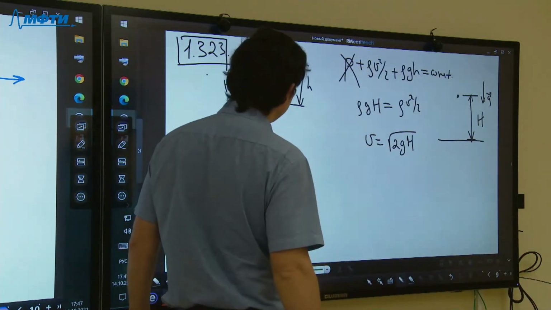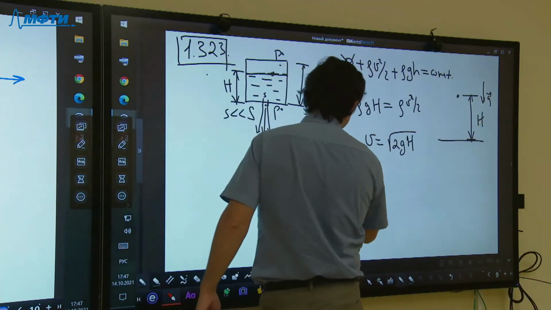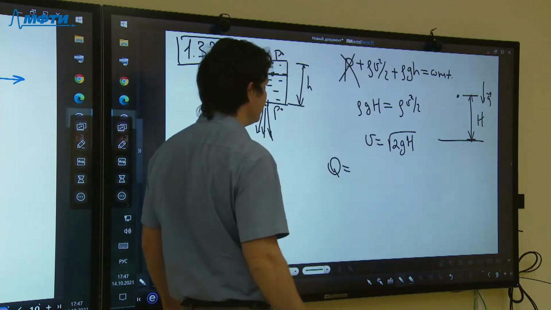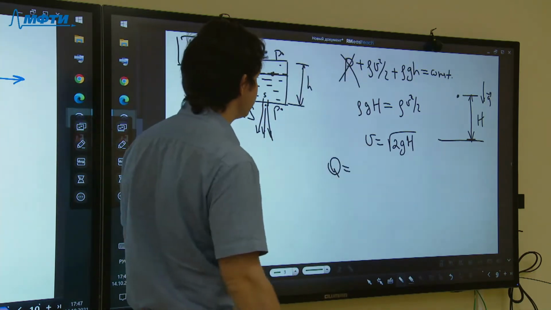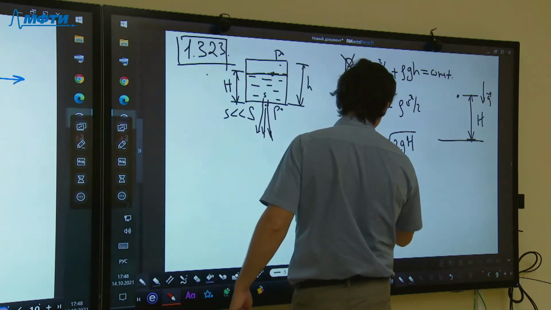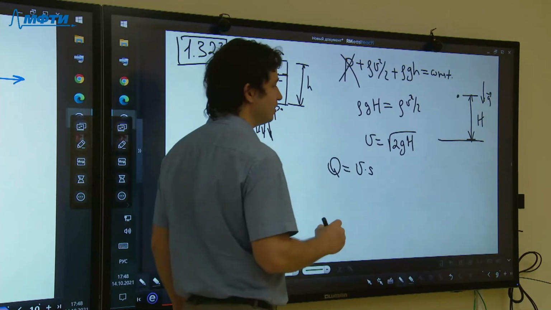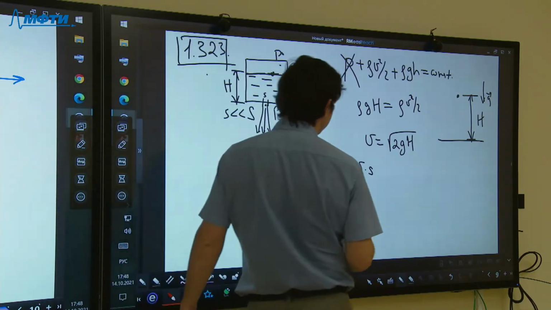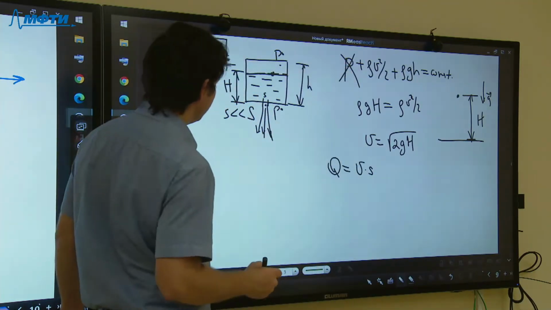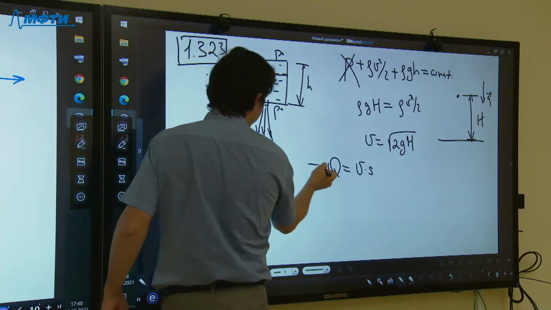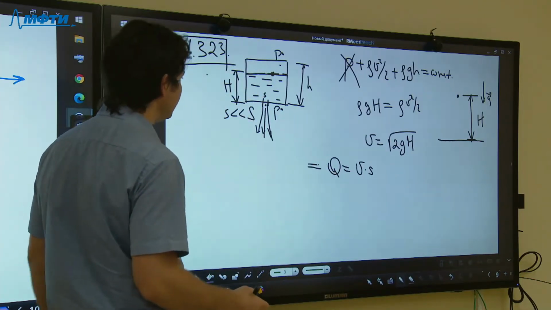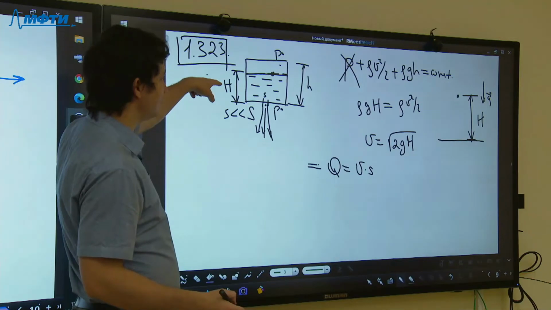So now I calculate the volume of liquid leaving the vessel per unit of time. So I need to multiply the speed v by the orifice area s. And from that, I can also relate this to the changes of the level h.